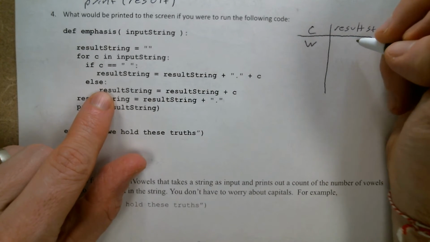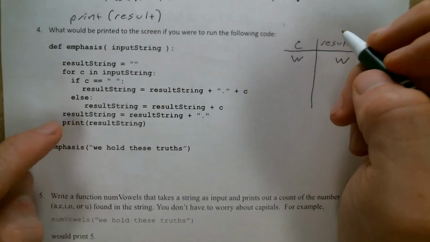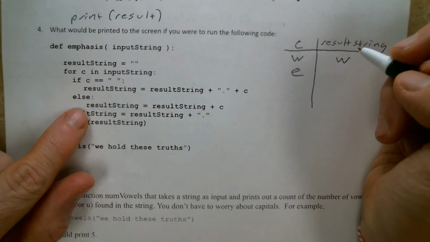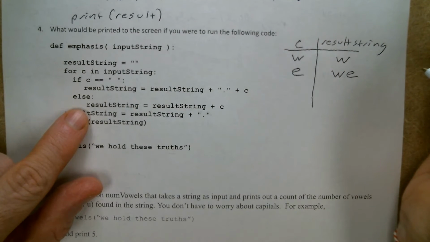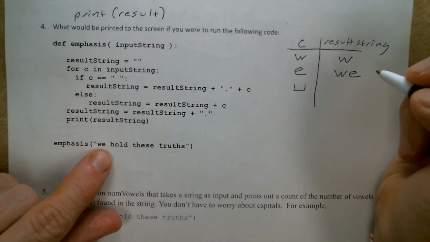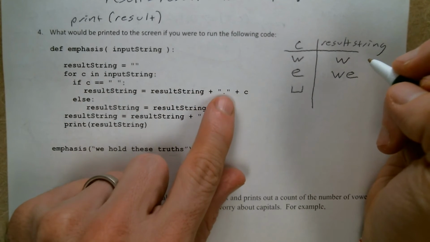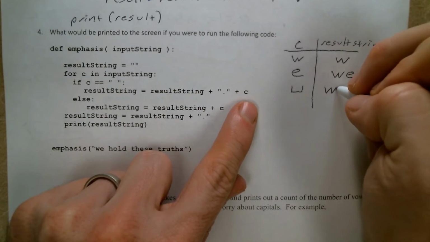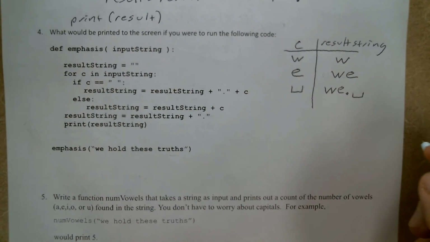So result string, which started empty, is now just going to be W. Next, we move to the letter E. E again is not a space, so result string is now WE. The next character is a space. Now C is going to have a space, so we enter this if statement, and what we do is we add a period, and then we add the space. So our result string is going to be WE, period, and then a space after it.